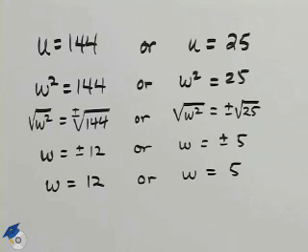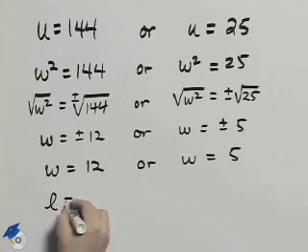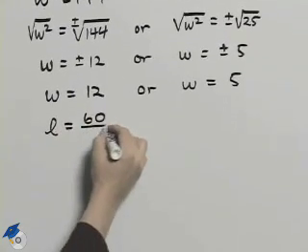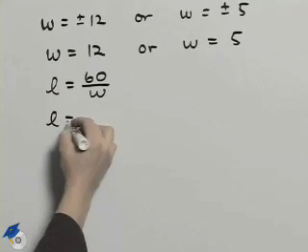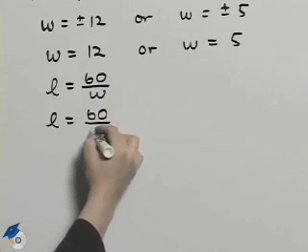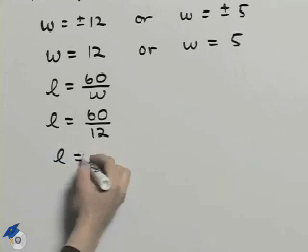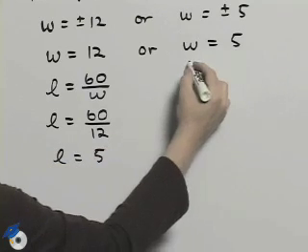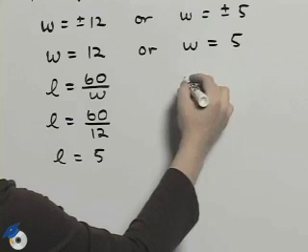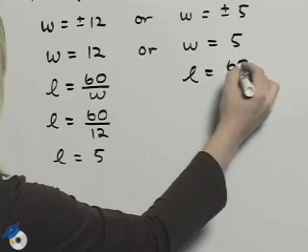Now, we need to find the length that is associated with each of those width measurements. We can do that by using the fact that the length is 60 divided by the width. So if the width is 12, the length, 60 divided by 12, will be 5. If the width is 5, we will use the same formula.